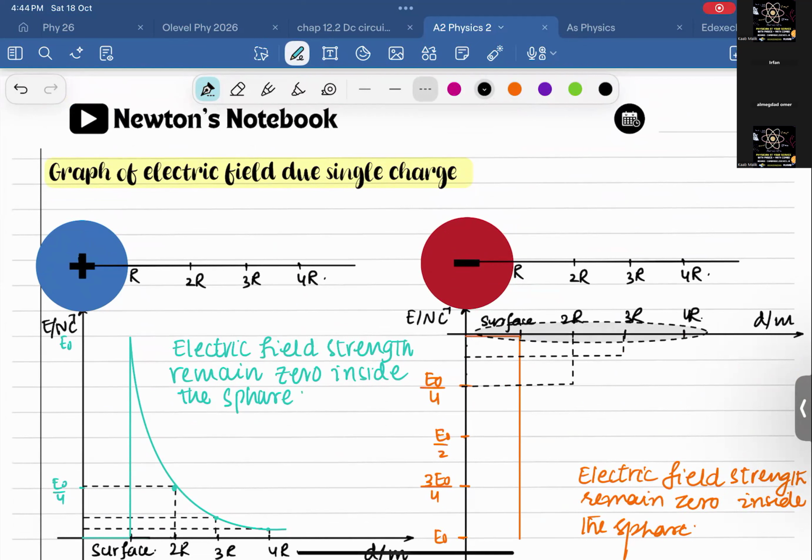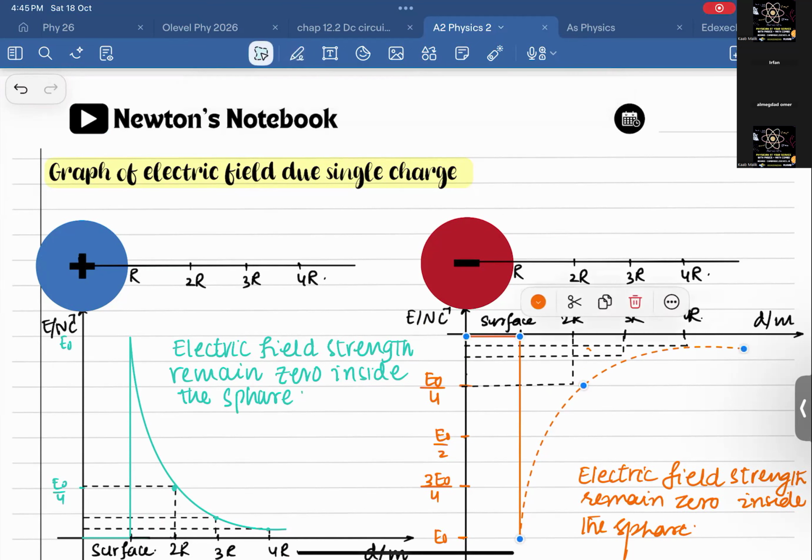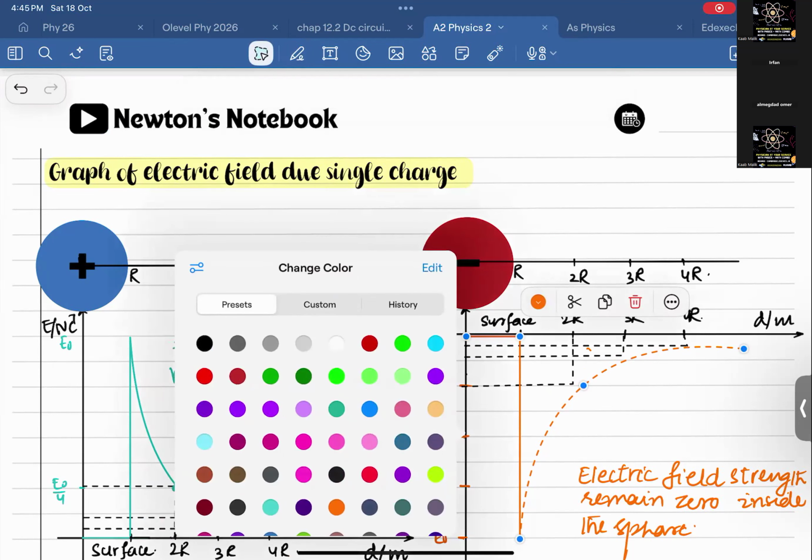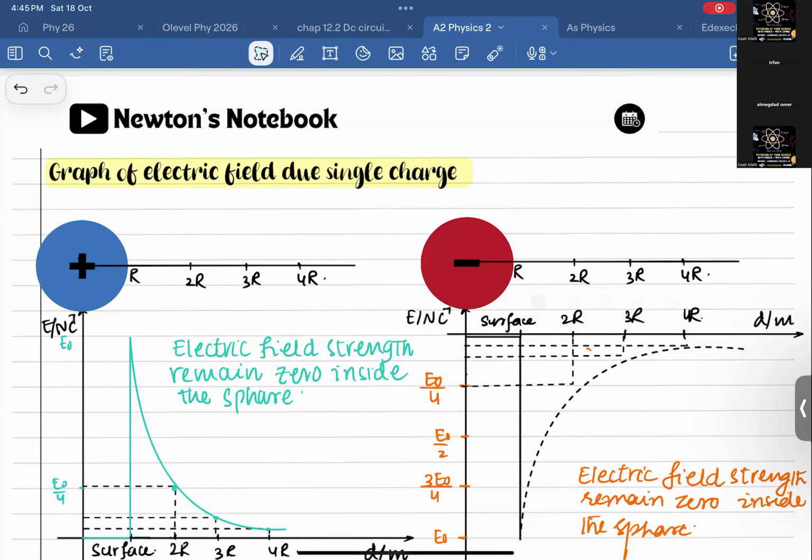So these are the 4 points. If you want to join them all, you can join.